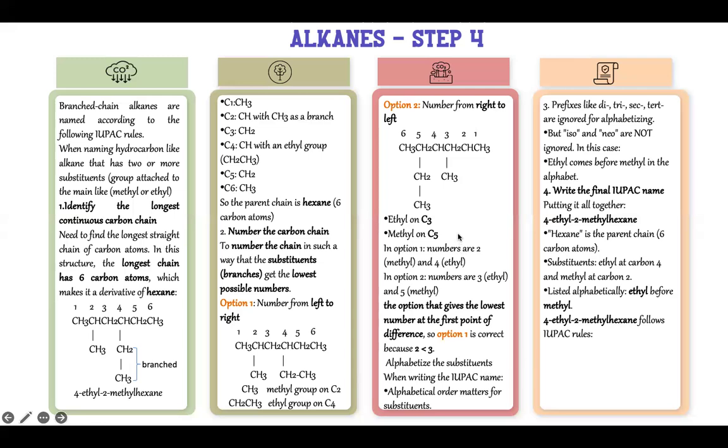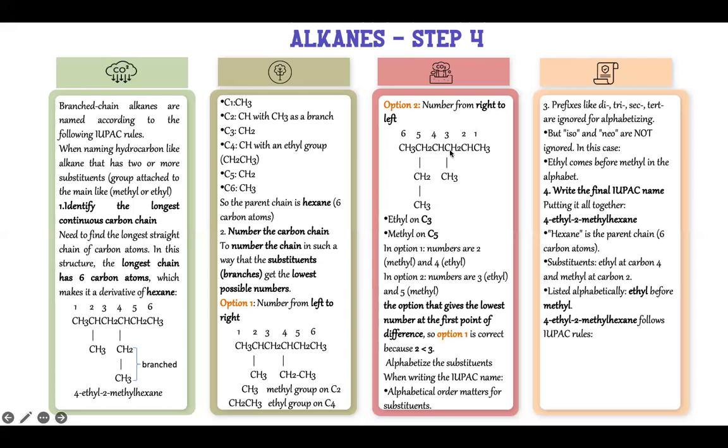For option 2, you number from right to left, where carbon 6 is CH3, and carbon 5 is CH2, with a branch as CH2 and CH3.